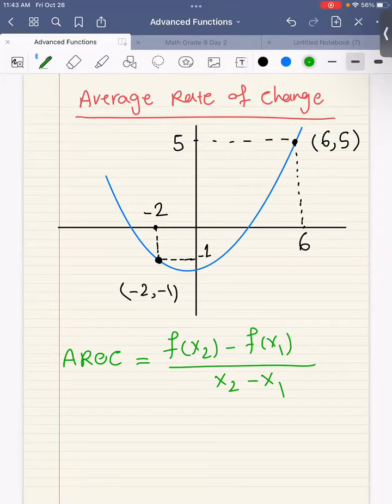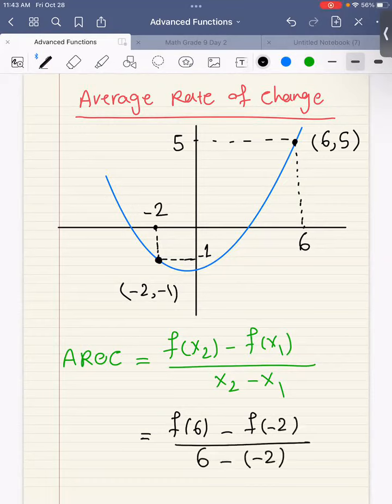So for this particular example, you have 2 points, x equals -2 and x equals 6. So it is equal to f of 6 minus f of -2 divided by 6 minus -2. Now, what is f of 6?